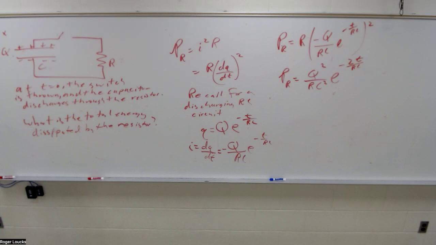Okay. And you tell me how to calculate the energy dissipated in that resistor, I mean, across that resistor. What is power in terms of words? Well, it'd be the work per unit time, or the energy per unit time, right?